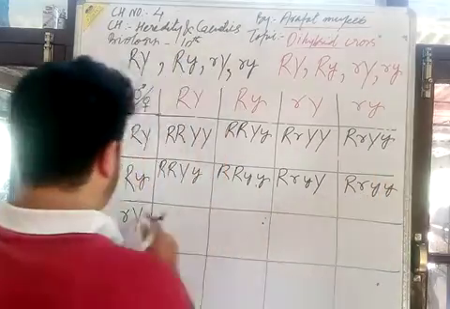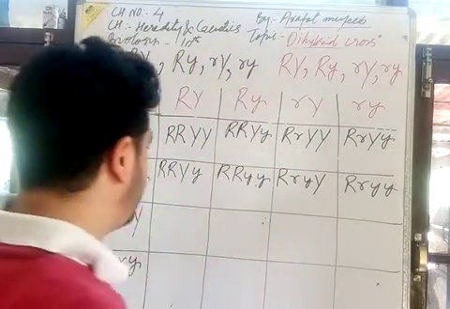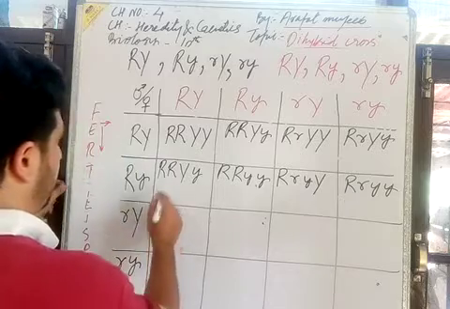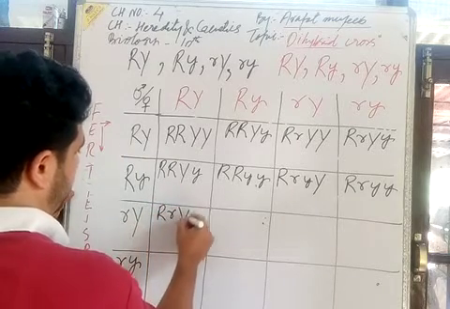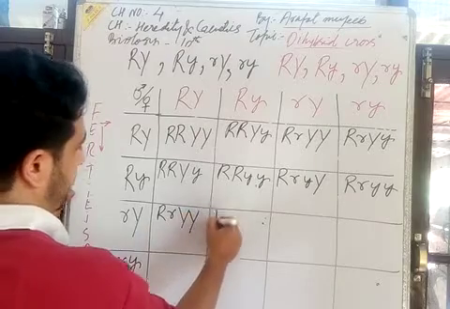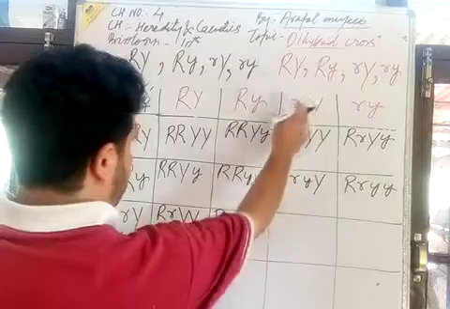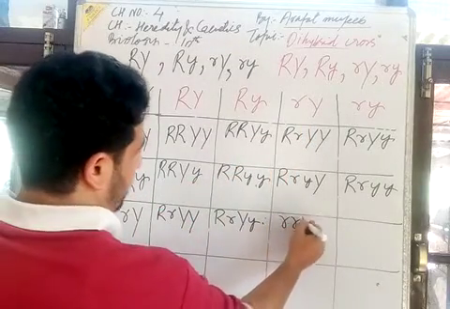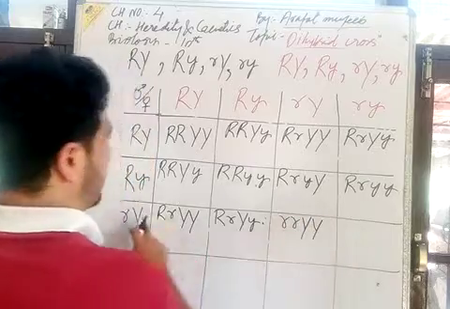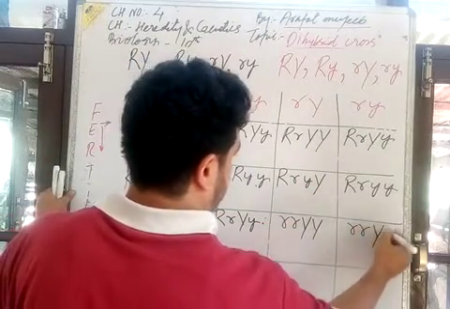ध्यान रखिए इसके, जब भी आप क्रॉस करोगे, when you perform this second filial cross, you should be careful here in having a cross. Capital Y here, capital R, small r, capital Y, small y. Here this and this, this and this. Small r, capital Y, here this and this, small r, capital Y, small y.